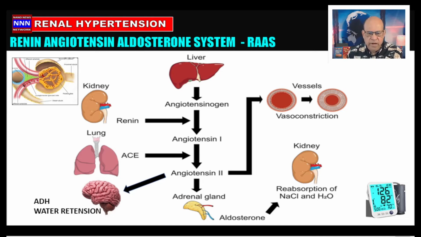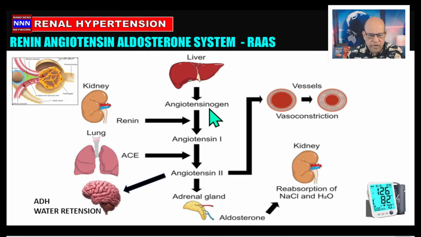In order to understand this, we have to look at all the different organs that are involved in the production of chemicals that increase the systemic vascular resistance and thus increase the systolic and diastolic blood pressure.